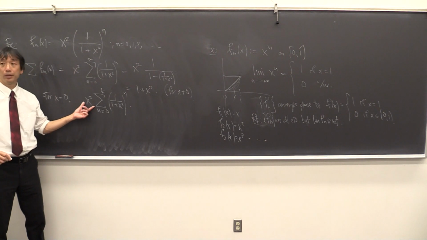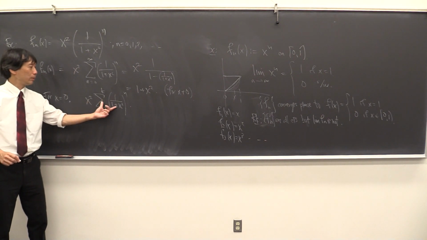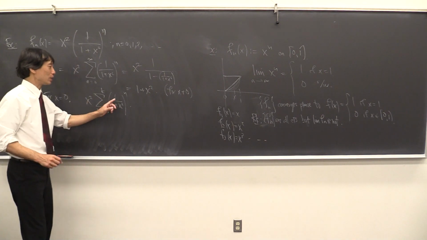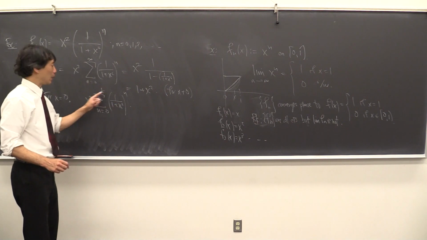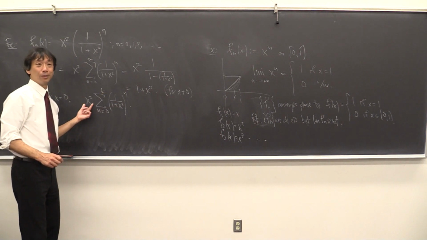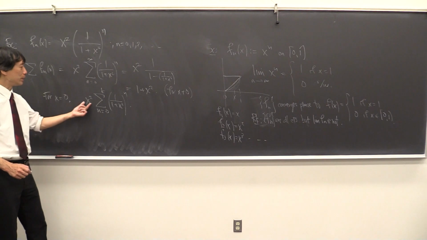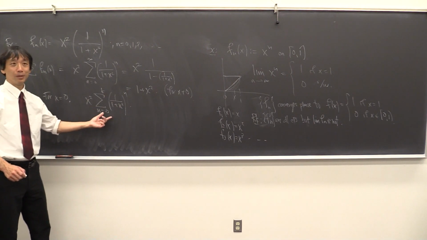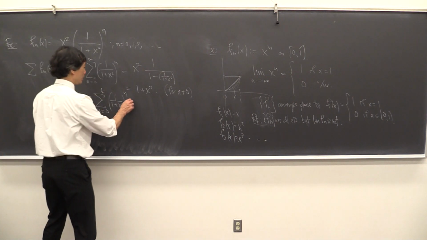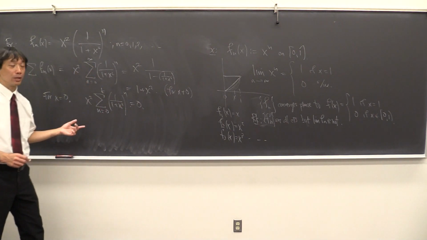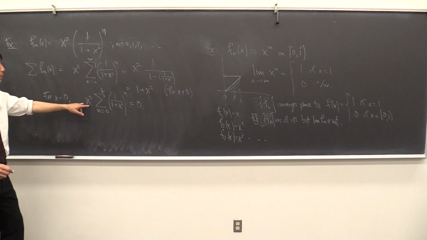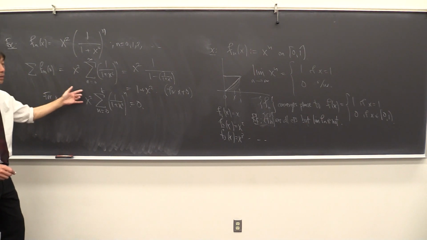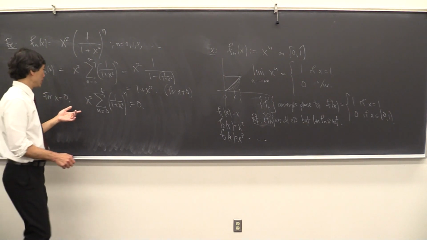But that's just some number. It's just going to be k times 0. When x is equal to 0, you're going to get 0 times a finite sum of ones, right? So that's just going to be 0. Okay. So the partial sum sequence for this series is just 0, 0, 0, 0, 0, 0, 0, right?